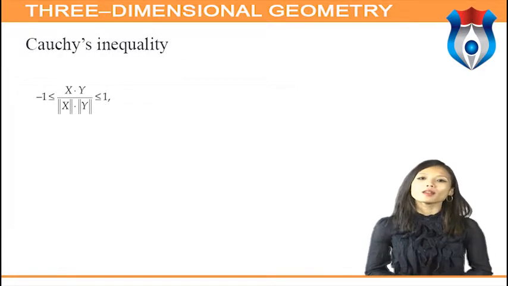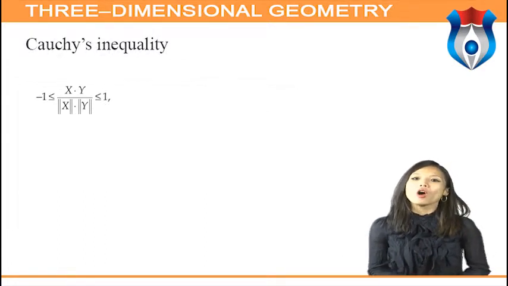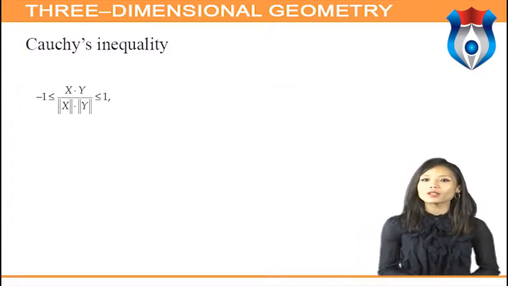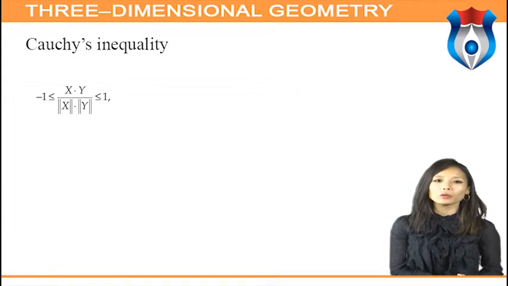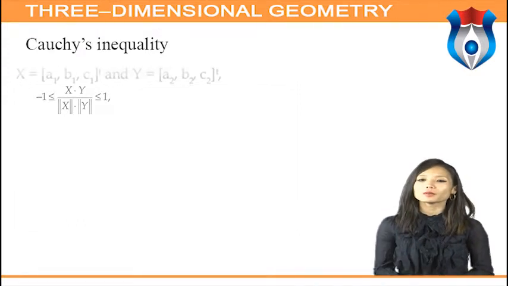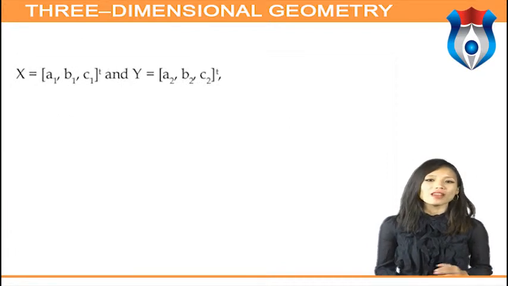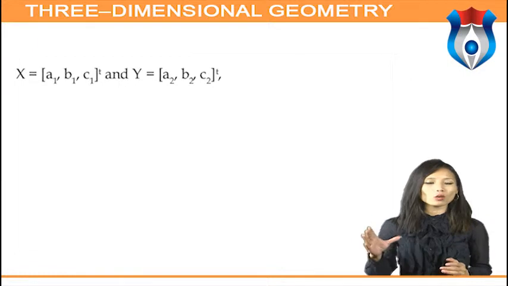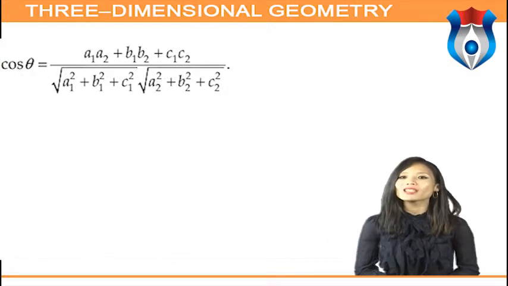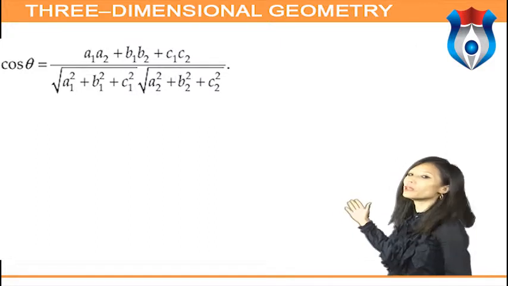By Cauchy's inequality, minus 1 is less than or equal to x dot y divided by |x| |y|, which is less than or equal to 1. So the above equation does define an angle theta. In terms of components, if x equals (a1, b1, c1) transpose, and y equals (a2, b2, c2) transpose, then cos theta is equal to as shown on the screen.